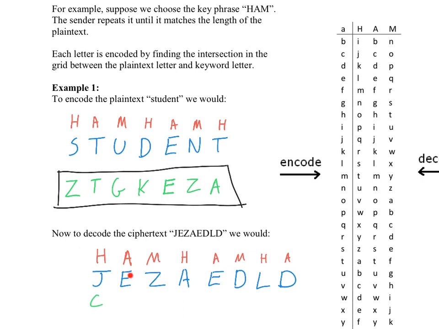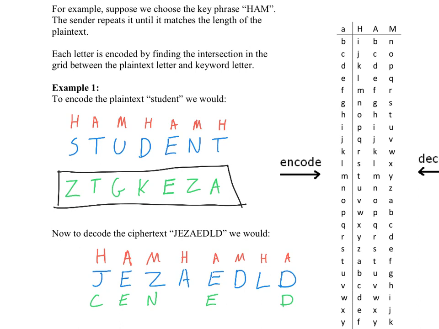Next we'll look for an E underneath the A, and that will decode to E. Just like before, the A is not doing any shifting at all, so we can copy in the letters there. So we have an E and another E and a D at the very end. Looking underneath the M, we will search next for a Z. So we search for the Z and say, okay, it decodes to N. Okay, so we write N there.